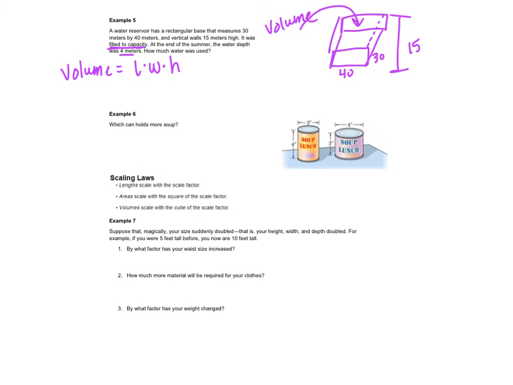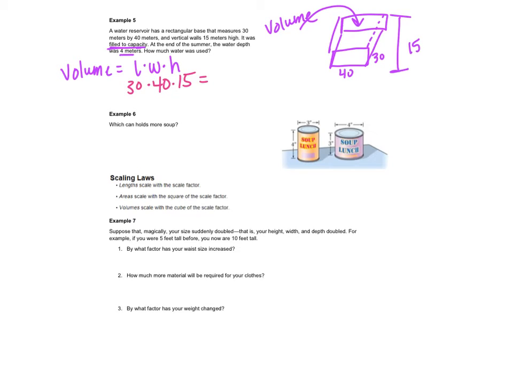Remember, I'm just getting that from the formula chart on the other page. So I'm going to plug in my 30 times my 40 times that 15, just so I can see what the full capacity is, so that when I take 4 meters out of it, I would know how much I have.